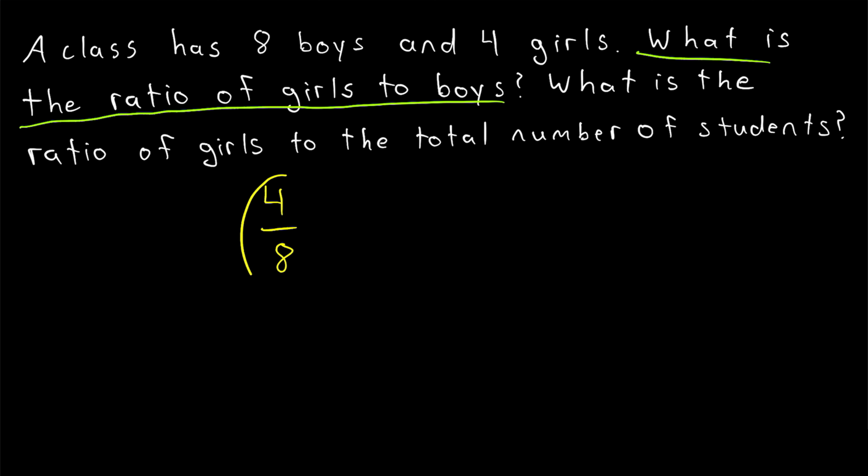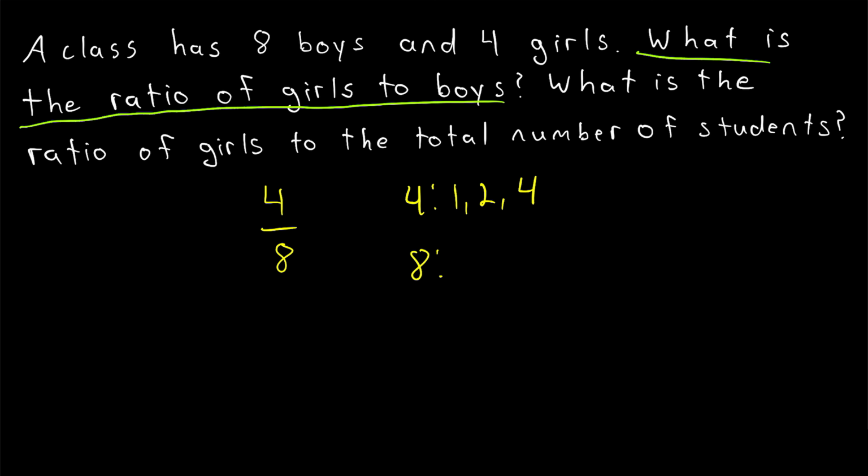And if we want to reduce this ratio, which is something you'll often be asked to do, it's exactly the same as simplifying or reducing fractions. We just need to identify common factors between the numerator and denominator greater than 1. In particular, we would like to find their greatest common factor. The factors of 4 are 1, 2, and 4.